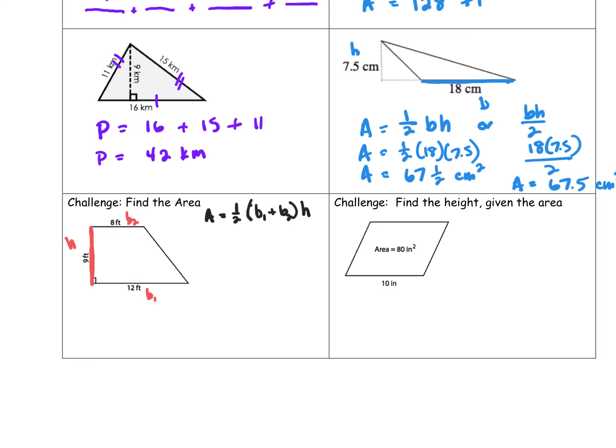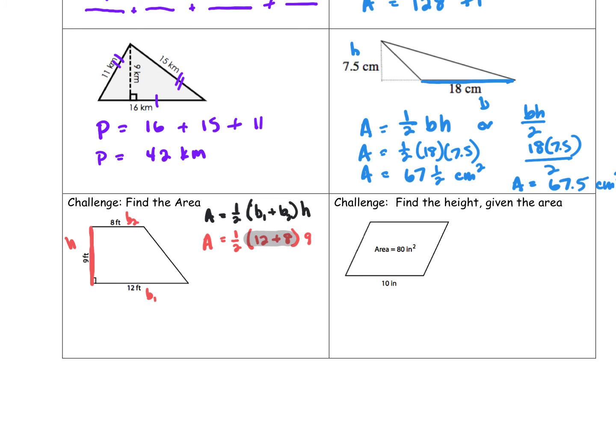So we're just going to insert these, or substitute these dimensions, and see what we get. So the area of this, 1/2 is part of the formula. Base 1 is 12. Base 2 is 8. And the height is 9. Now, if you recall, when we've worked with order of operations, it says that we need to do the parentheses first.